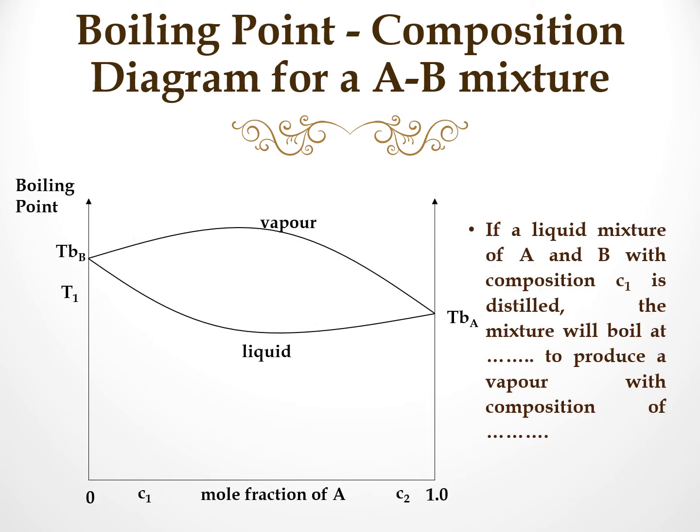The question asks: if a liquid mixture of A and B with composition C1 is distilled, the mixture will boil at T1 to produce a vapor with composition C2.